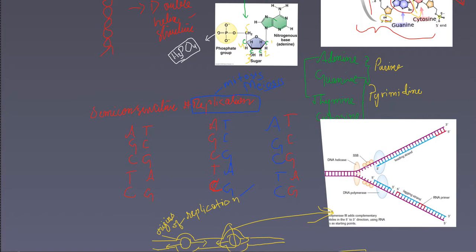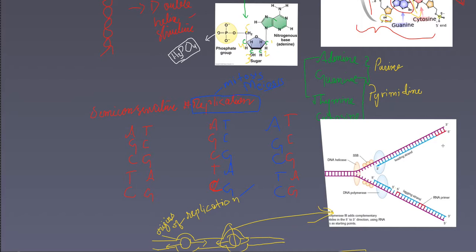Now, as helicase comes and attaches itself to this DNA, it starts breaking away the bonds. As helicase first enters and starts breaking away the bonds, you're left with this strand of DNA alone. Now, a new strand of DNA cannot be formed by itself.